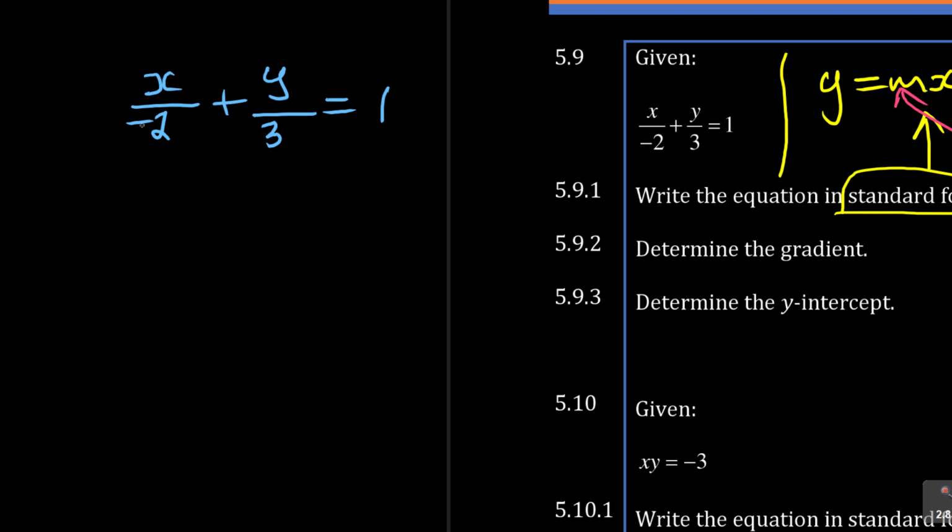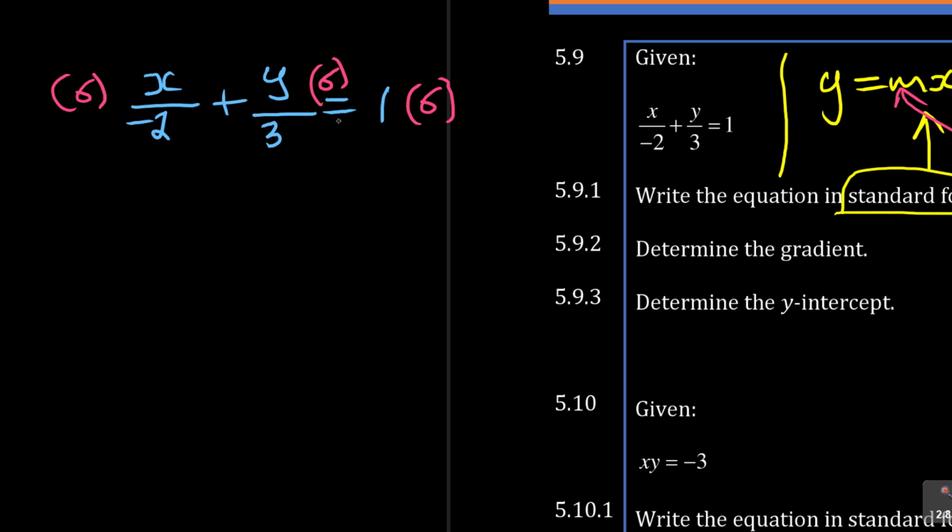So I'm looking for a number that 2 and 3 can go into, and the nearest number is 6. You see, 2 goes into 6 and 3 goes into 6. So which means I just have to multiply this by 6, I multiply this by 6, I multiply that by 6. Each and every item, as long as there's a plus, minus, as well as an equal sign. So now that's how I can simplify that.